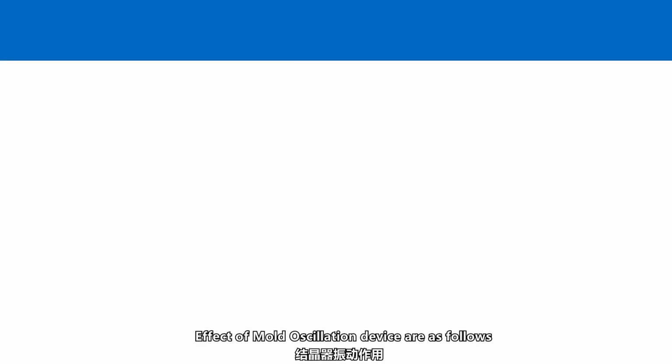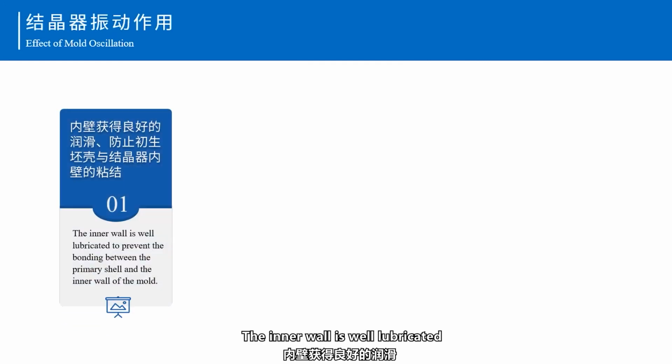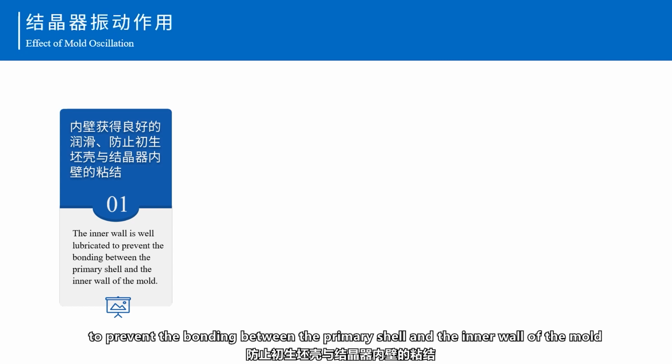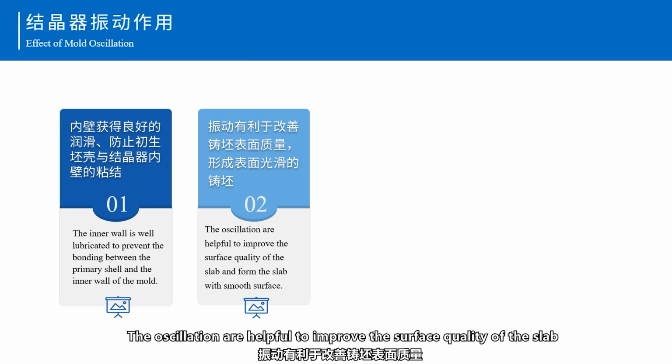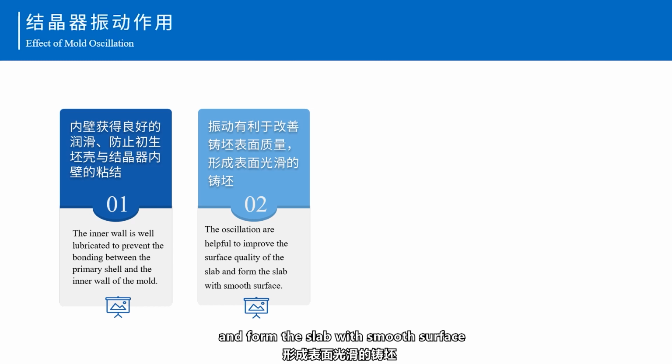The effects of the mold isolation device are as follows. First, the inner wall is well lubricated to prevent the bonding between the primary shell and the inner wall of the mold. Second, the isolation helps to improve the surface quality of the slab and form the slab with a smooth surface.